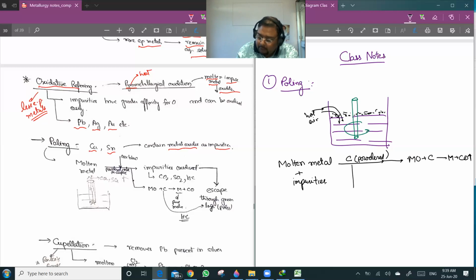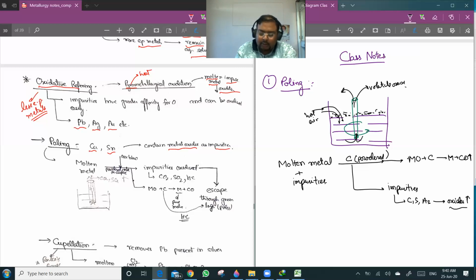But the impurities like carbon, sulfur or arsenic are converted into volatile oxides, which escape through the hollow pores of the green logs through which we are stirring the whole molten metal.